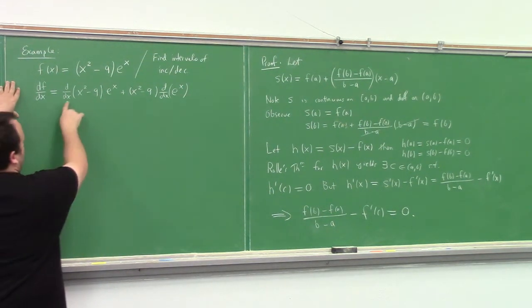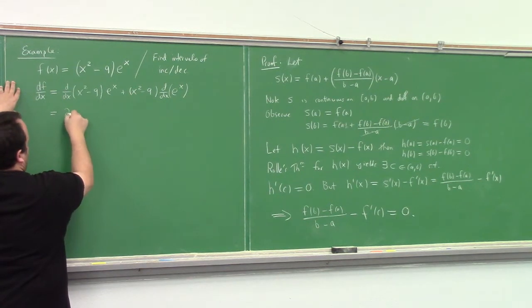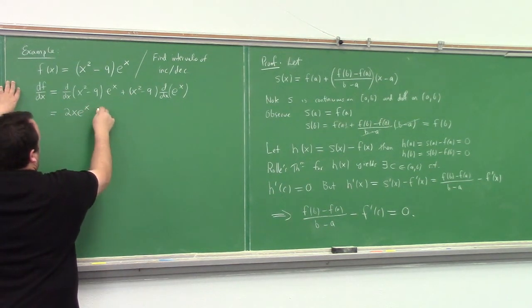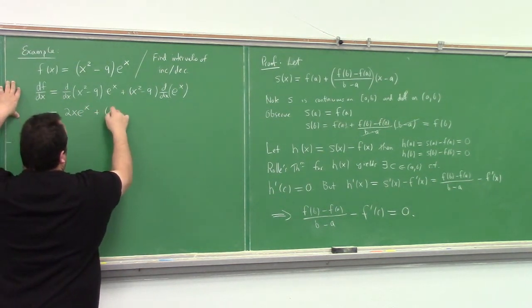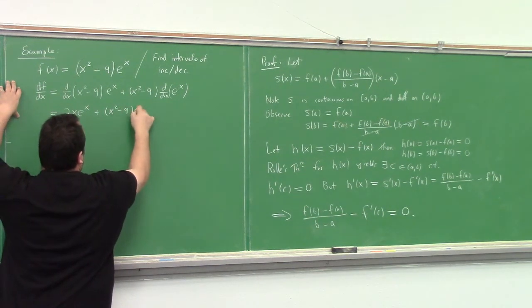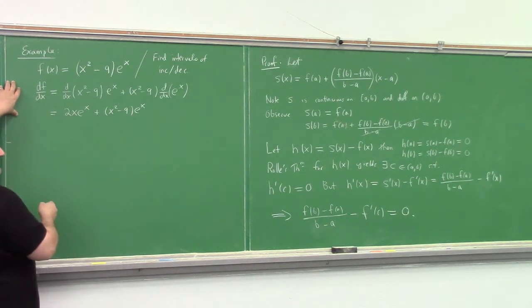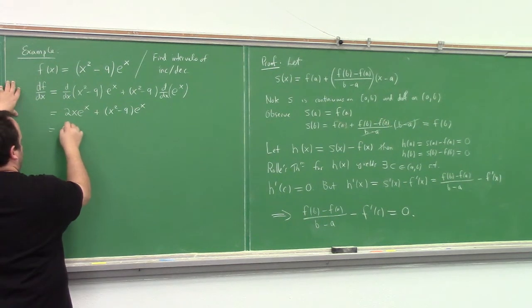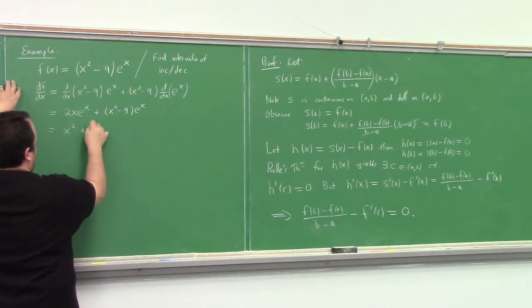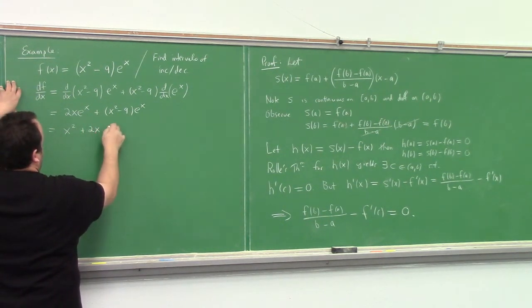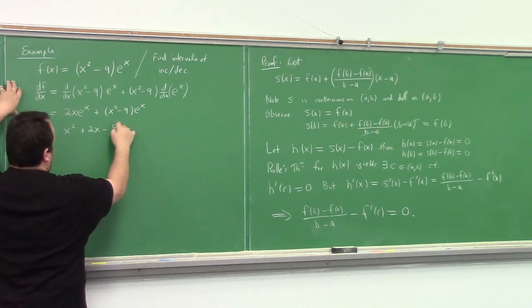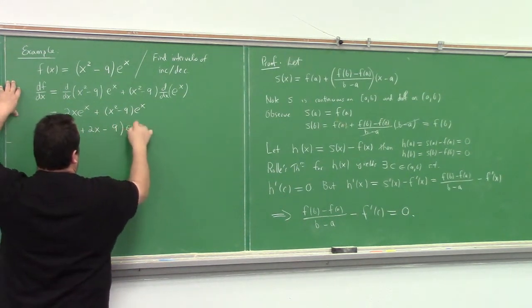So that's what? 2x e to the x plus x squared minus 9 e to the x. So what we've got is x squared plus 2x minus 9 times e to the x.